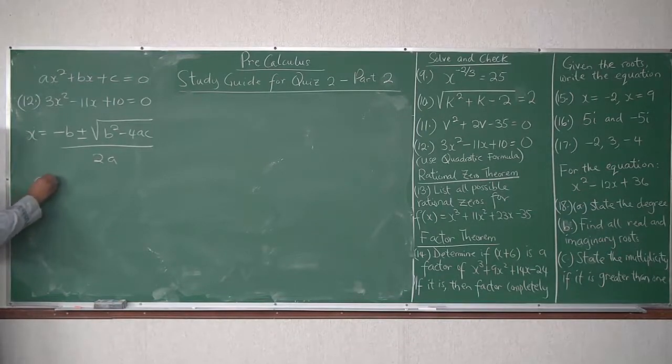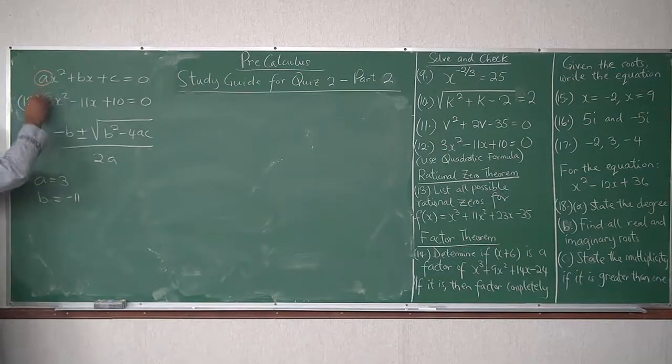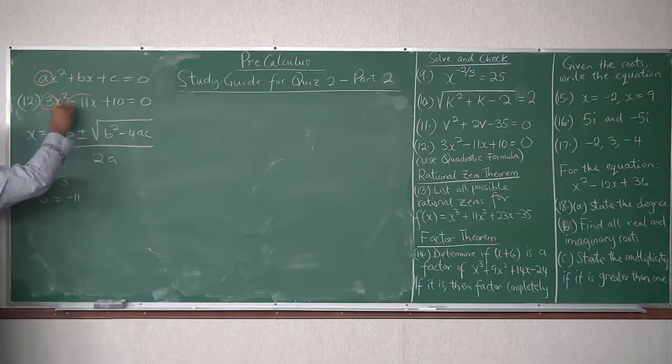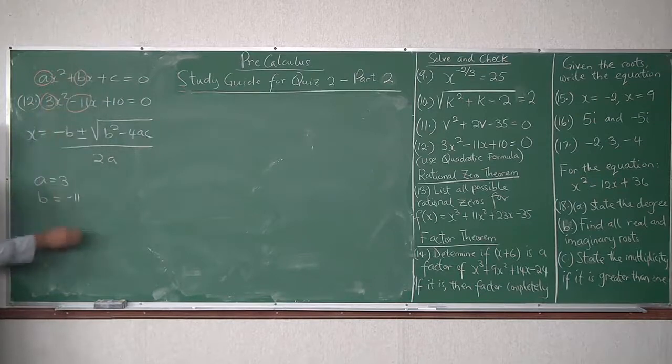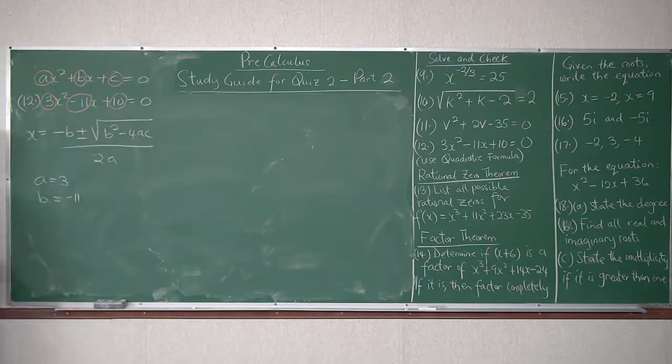Compare. A will be 3, right? B will be negative 11. You see, A is 3, then B is negative 11, C is 10. See that? So C is 10.